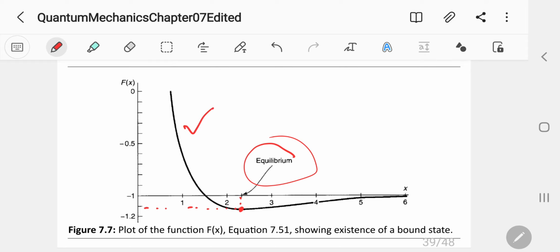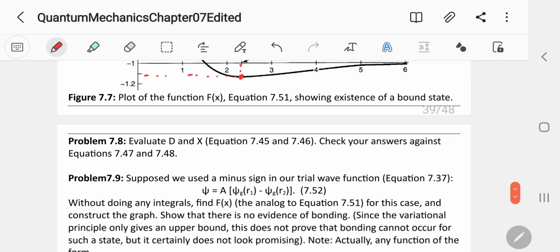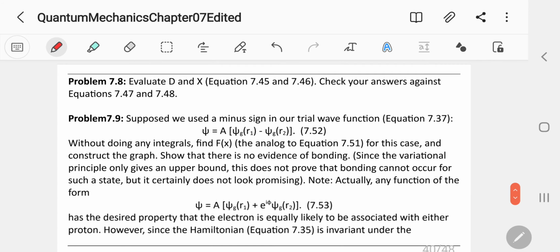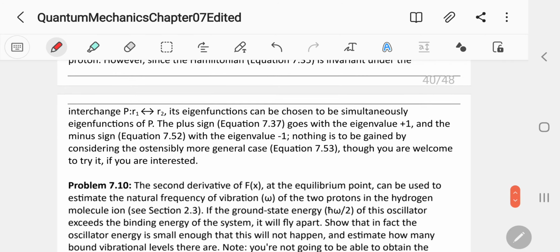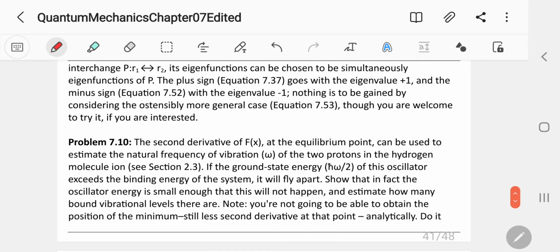So this is very important. If you do some calculations, the graph is always important. If you have time, you can evaluate problem 7.8, problem 7.9, and of course 7.10.